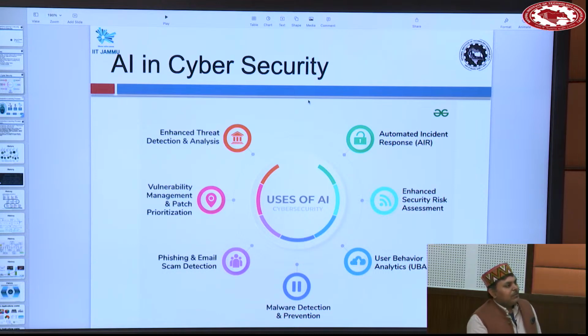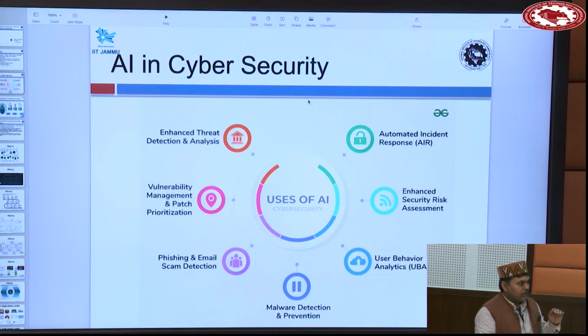At one point of time it might not be true, because without knowing the virus and the actions that it performs in your system, if you don't know what type of virus it is and what it is doing, you cannot develop a system which can defend against that, right? So that's why it has two sides of the coin. If you don't know the attack, you can't defend, right?